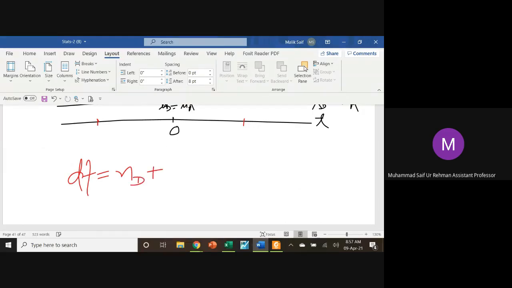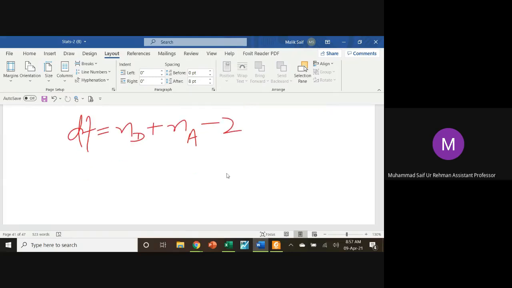In this case there are two samples, one sample is nd, the other is na. And how many samples are there? There are two samples, so subtract 2. If there were three samples, then you would have to subtract 3, so n1 plus n2 plus n3 minus 3. If there were 10 samples, n1, n2, n3 up to n10, and then minus 10. But normally we use up to 2 samples. So no problem, you may take this degree of freedom.